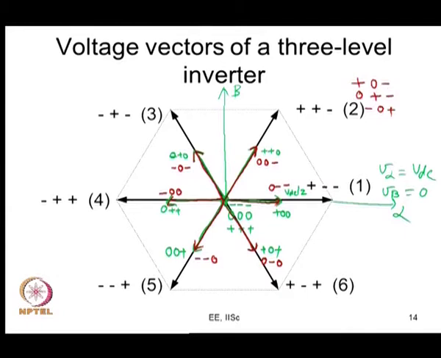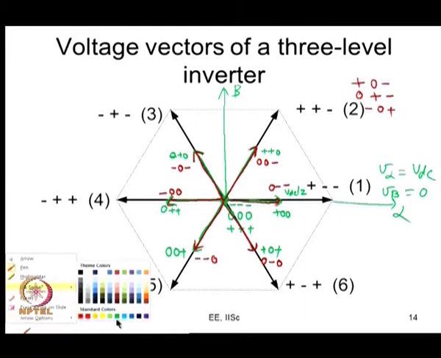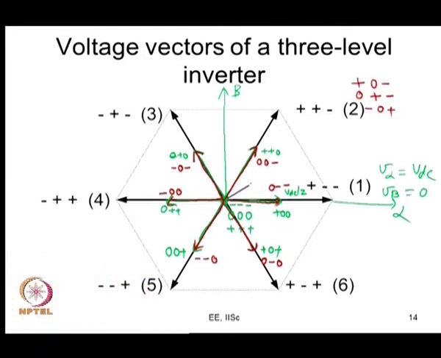But what you will find here is, you see here plus minus minus, and you see here plus plus minus, and when you go for plus 0 minus, this will actually be midway between the two. It will be symmetric from this, and what you will find is that it will go like here. This would be the vector produced by plus 0 minus.